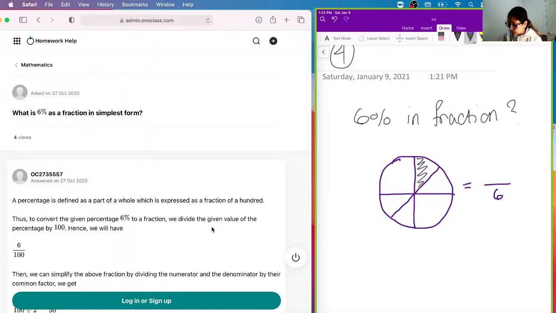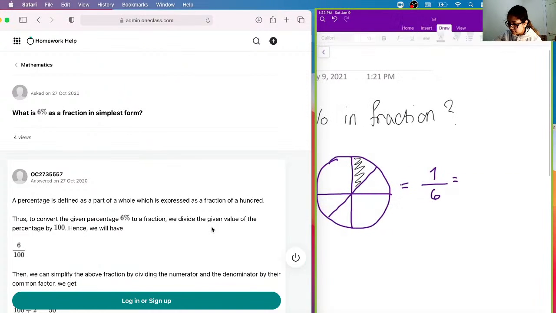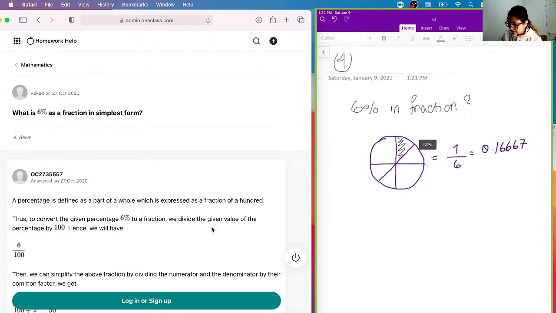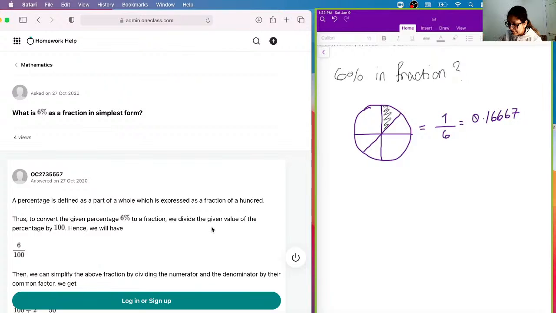And since one is colored, this is how you would write it as a fraction, 1/6. However, the percentage of this, you would just divide this 1/6, which is basically 0.1667.